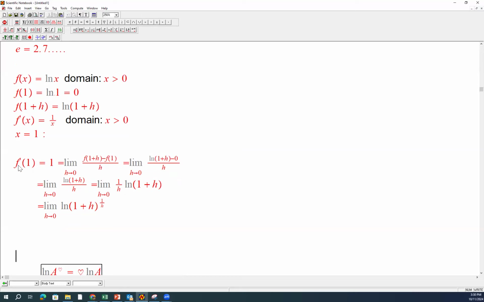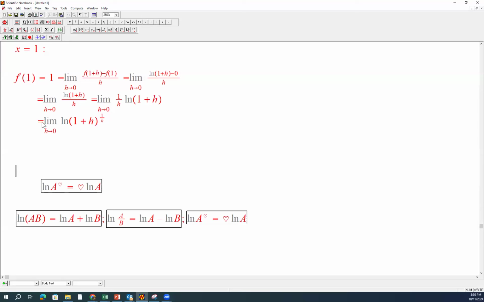Before we do that, let's summarize what we have done. What we have done here, we have demonstrated that this limit is equal to 1.